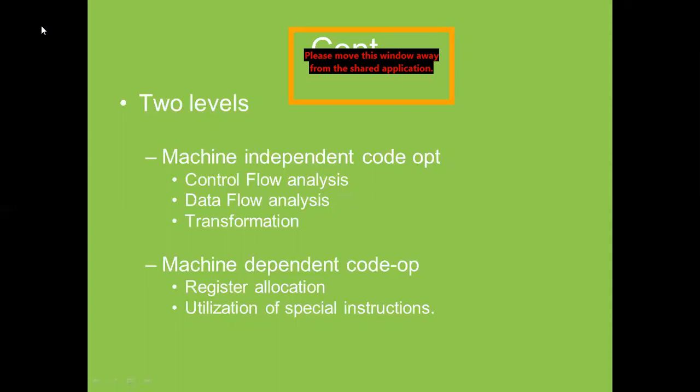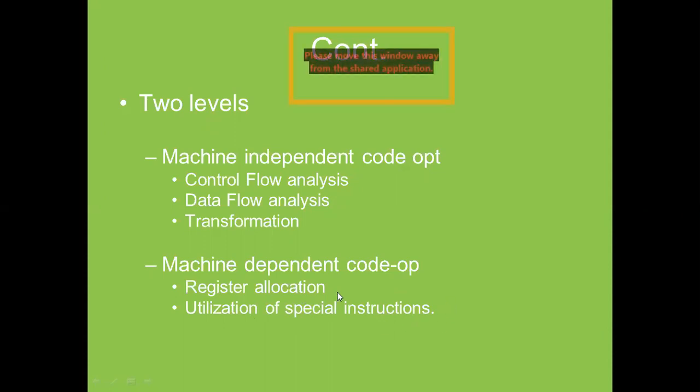Okay, so now you can see the types. In machine independent code optimization, we use control flow analysis, data flow analysis, and transformation. In the case of machine dependent code optimization, we use register allocation and utilization of special instructions.